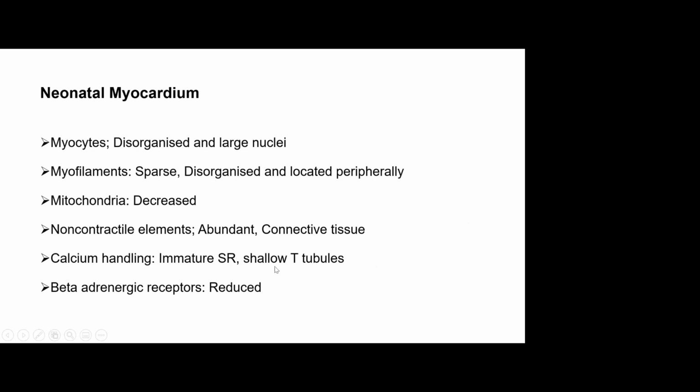And there's an abundance of non-contractile elements like connective tissue. The calcium handling in the immature sarcoplasmic reticulum is not optimal, and the adrenergic receptors are fewer in number. So this puts the neonatal myocardium at a disadvantage to start with in terms of coping with any stressful situation where there's a need to increase the cardiac output.